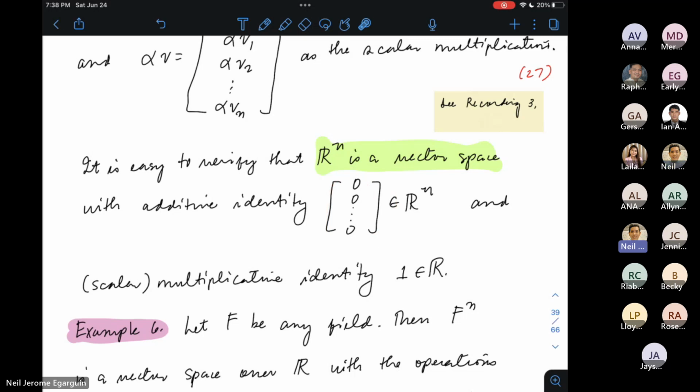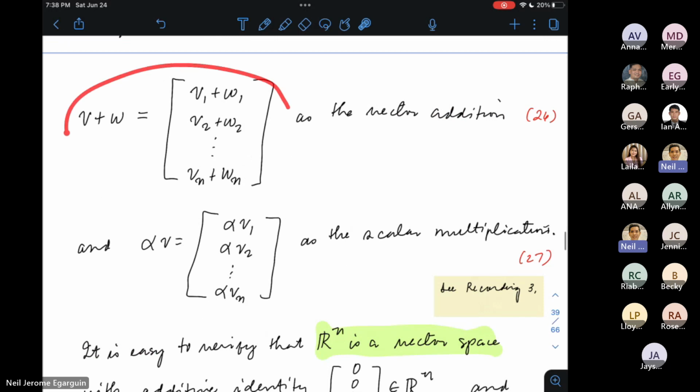All right? Then you can generalize this concept of taking n-tuples, ordered triples, quadruples, quintuples, basically n-tuples of real numbers or complex numbers, together with what we call component-wise addition, because we are adding the components accordingly.